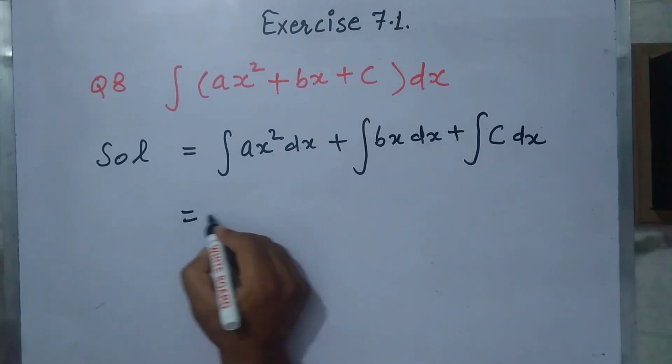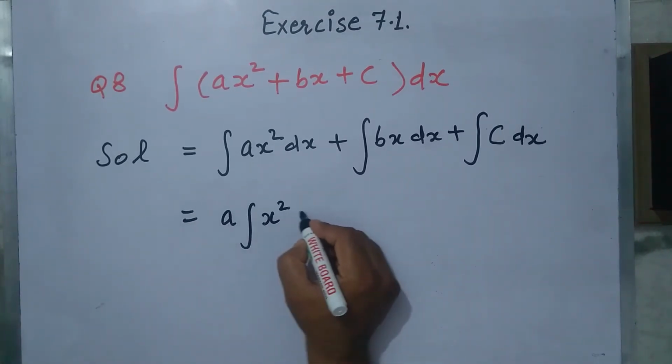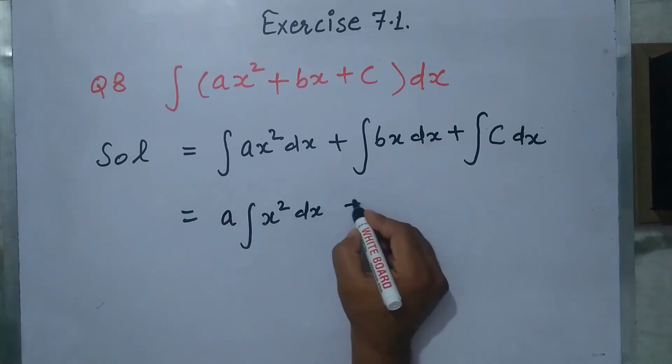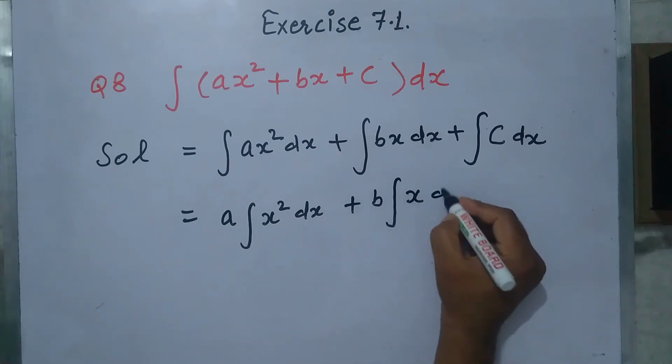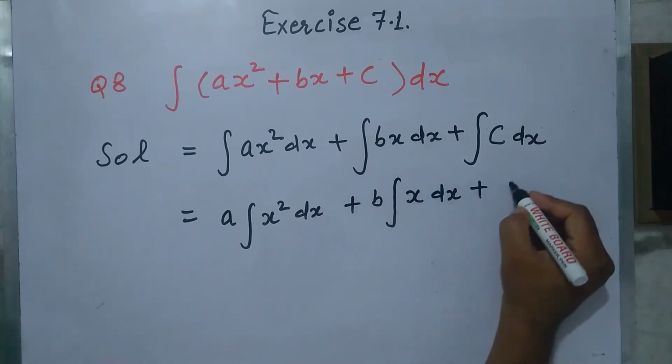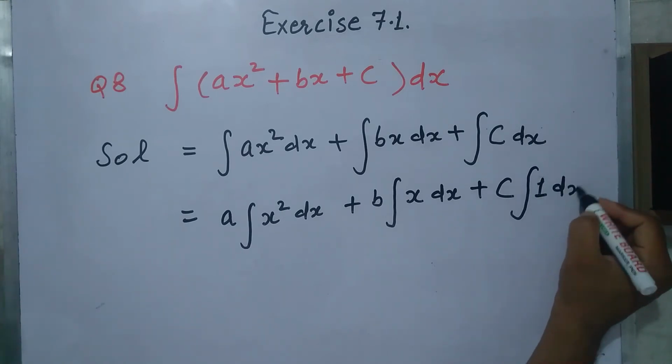So this is equal to a outside integration of x square dx plus b outside integration of x dx plus c outside integration of 1 dx.